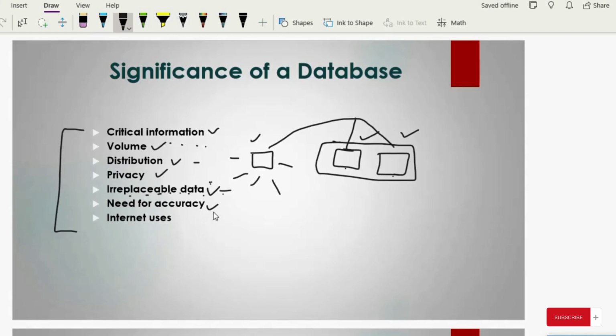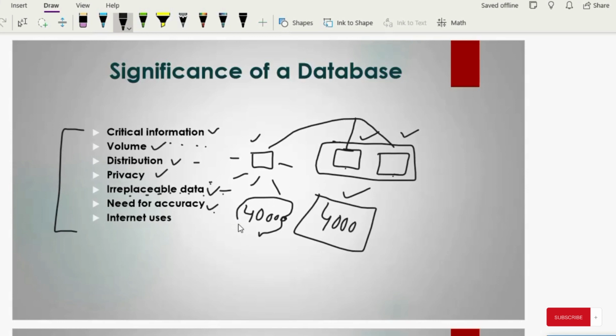If it is inaccurate, like I explained in one of the topics in the previous lectures, if instead of 40,000 you enter 4,000, then the whole processing will be based on 4,000, not on 40,000, which is the actual entry. So accuracy is important in databases. When you enter data into the databases, you should make sure that the data is accurate.